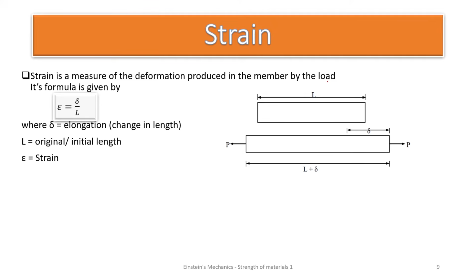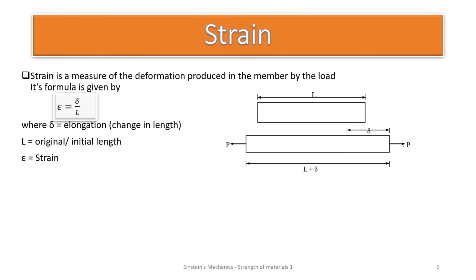So let's assume our material of original length L is now being acted on by an external force P. You see that the ratio of the change in length to the original length is the strain produced.